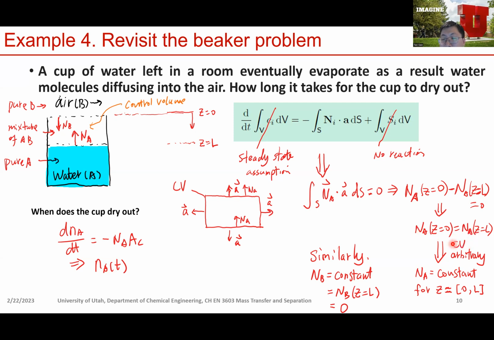In this case, because the control volume can be arbitrary, we can pick a control volume where the bottom surface overlaps with the vapor-water interface.